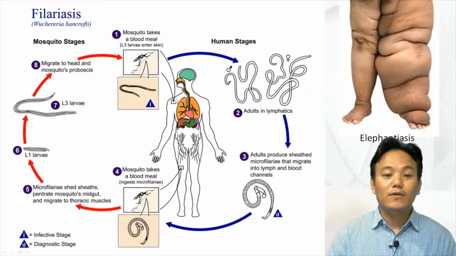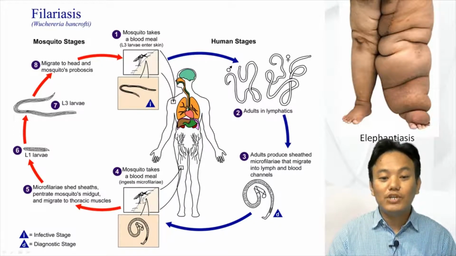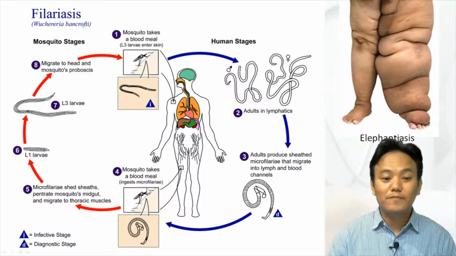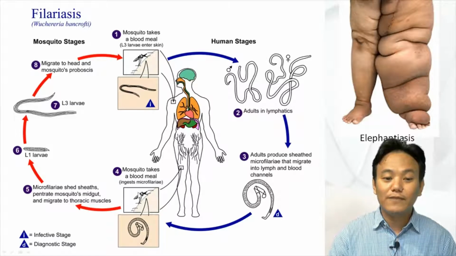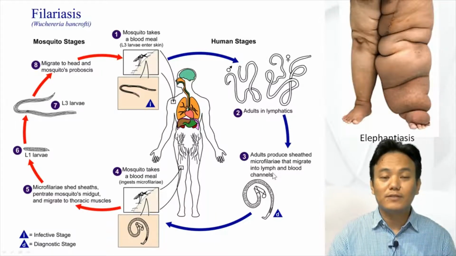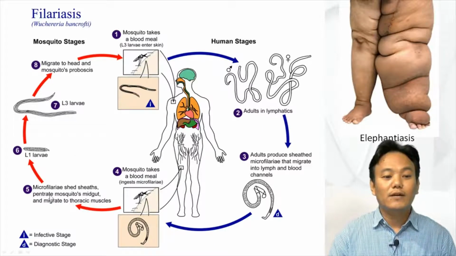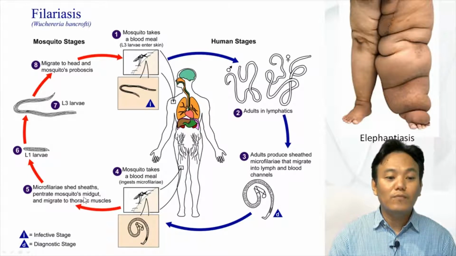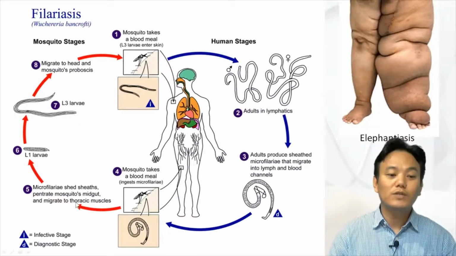When another mosquito bites this infected person, she will pick up these microfilariae. The microfilariae enter the gut of the mosquito, where they shed their membranous sheath, and the larvae move from the mosquito's gut to the thoracic muscles.